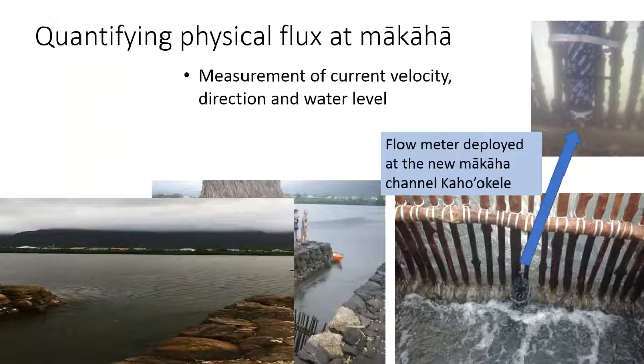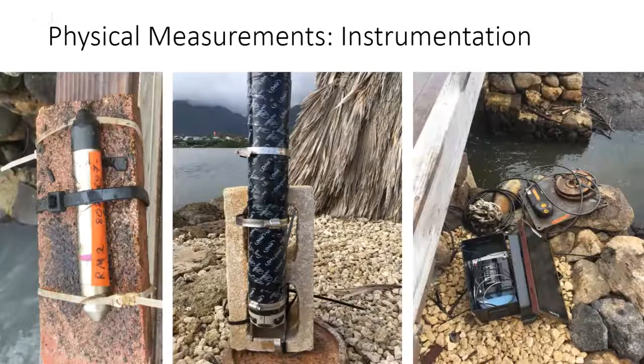There are 6 mākāhā channels where we measured water flow, and we deployed these current meters here. These are just some pictures of the instrumentation we used. In the center, this is a Nortek Aquadopp flow meter. And on the right hand, you can see a flow meter that measures the same thing, velocity and current direction.